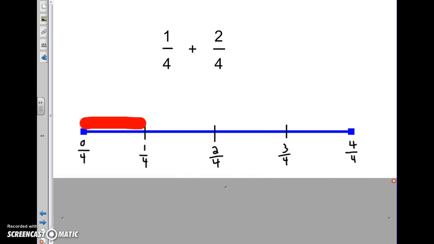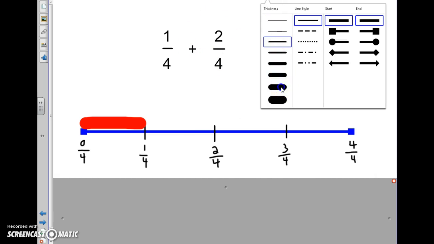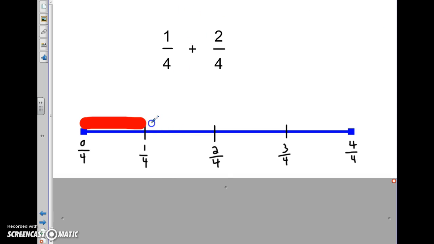And now I want to add 2/4 to that. So with this green one now, from that 1/4, I'm going to go 2/4 more. So the red is 1/4, and the green represents 2/4. So together, when I add them together, I get, you've got it, 3/4.